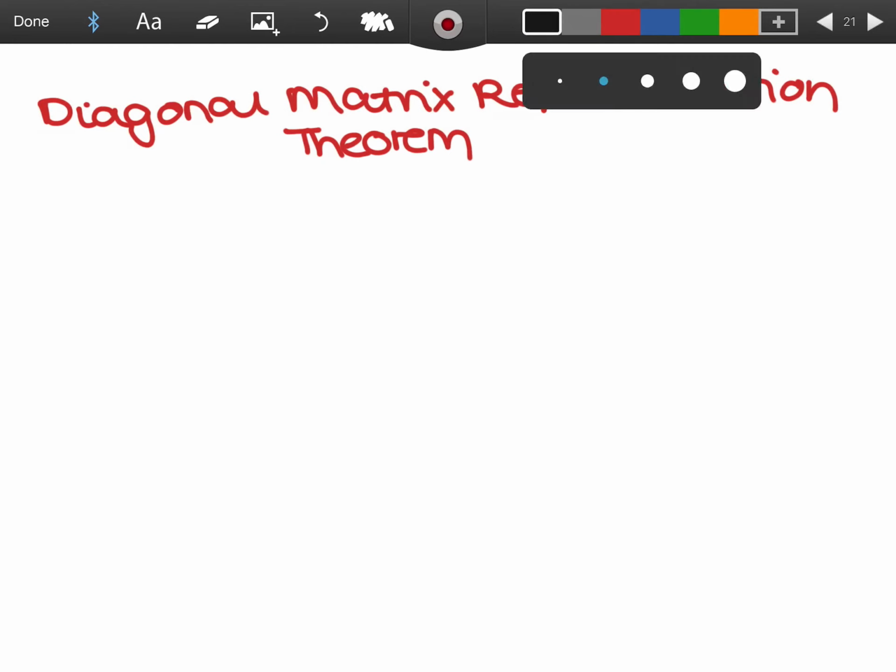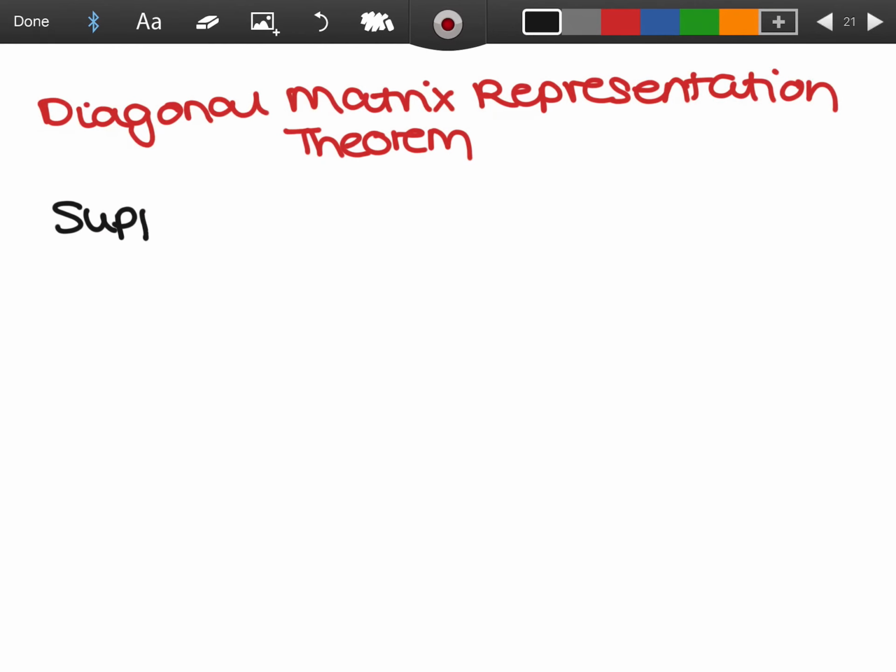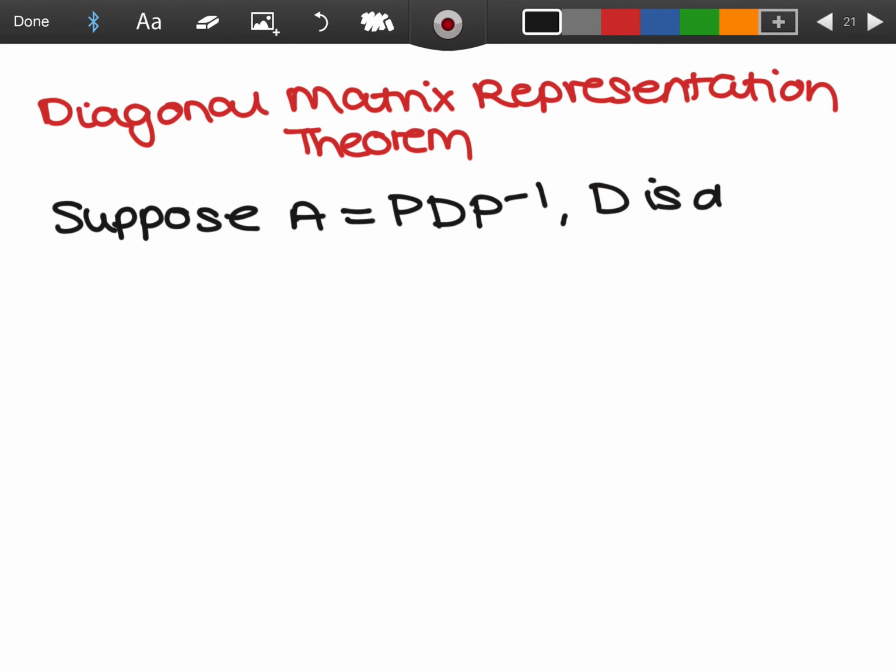Okay, so we're going to suppose that A is equal to P, D, P inverse, where D is diagonal. So we are assuming here that A is diagonalizable, which means that it has eigenvalues. They may be repeated, but the eigenspaces associated with each eigenvalue has the same dimension as the multiplicity of the eigenvalue. So we know that this thing is diagonalizable and is similar to a diagonal matrix.